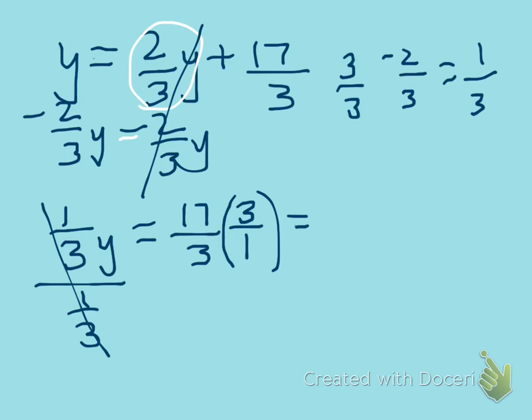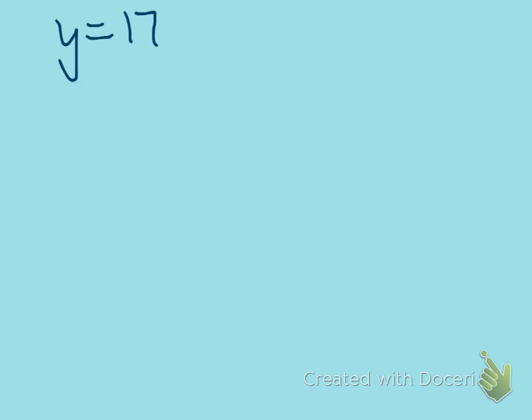And 17 times 3 is 51/3. And 3 goes into 51 17 times. So y equals 17. And now I'm going to plug in the y into one of the original equations.